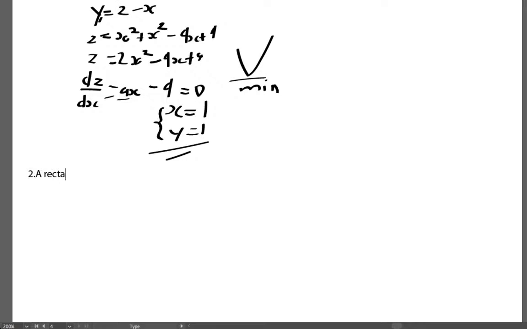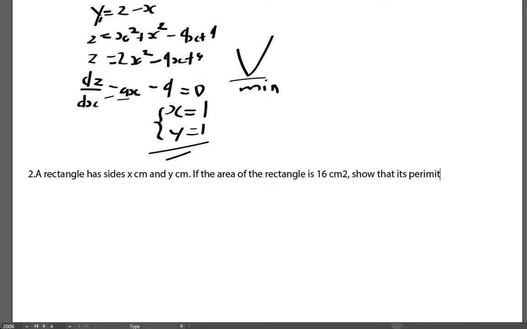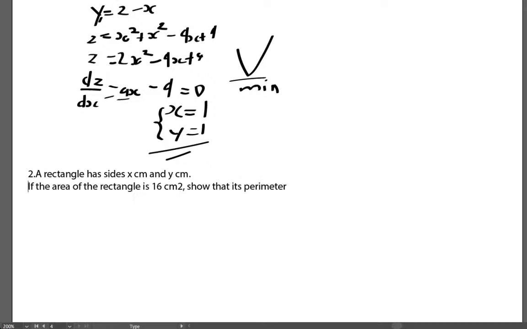A rectangle. Centimeter. If the area of the rectangle is 60 centimeters squared, show that its perimeter, sorry, perimeter p centimeter is given by p equals 2x plus 32 over x.